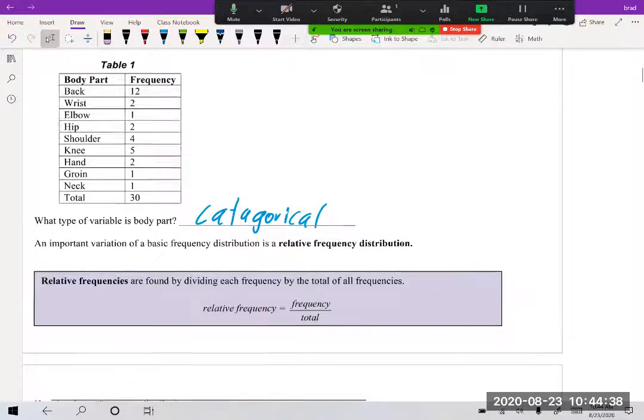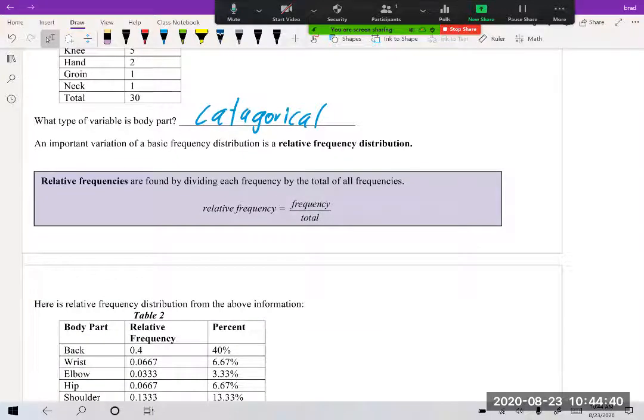We would use a relative frequency distribution, and all relative frequency is the frequency of that particular body part divided by the total of 30.